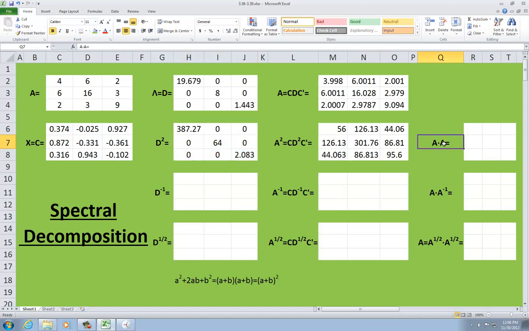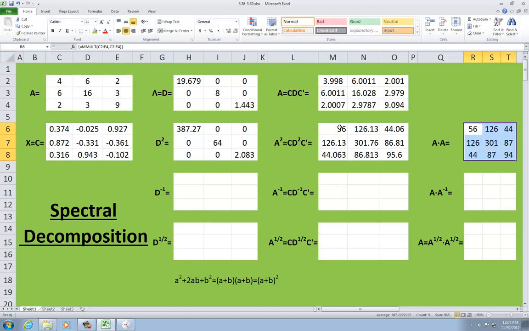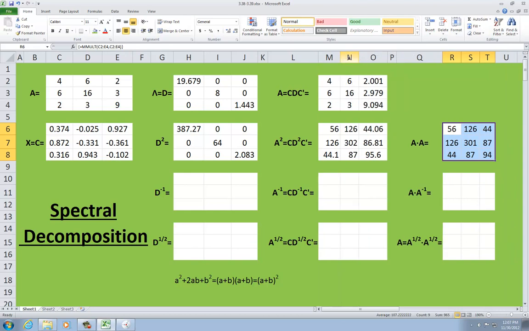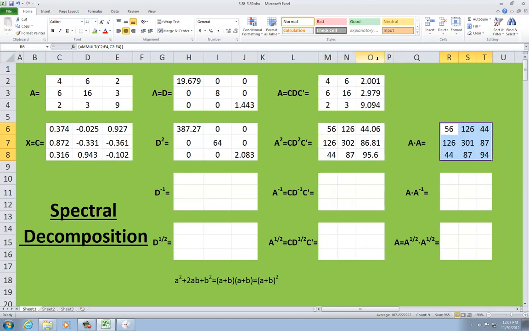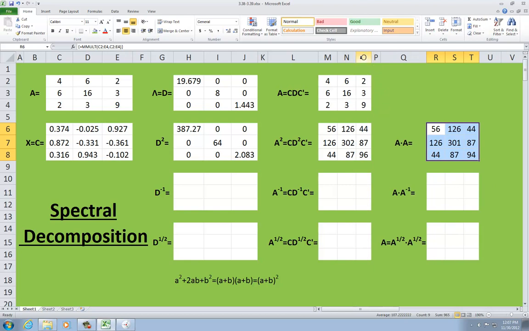You simply just multiply A times A, and it should give us the same thing. And once again, if we change the column widths, we can see that they're the same, pretty much with rounding error, of course.